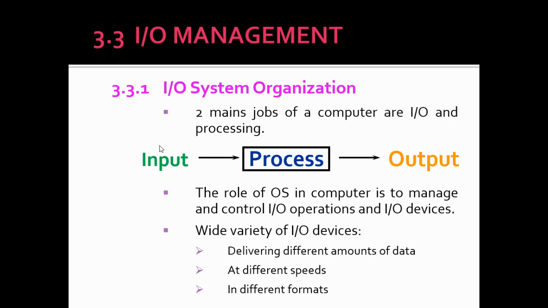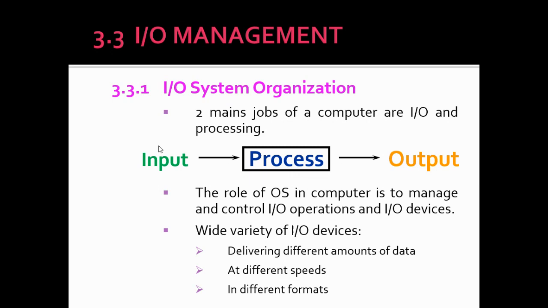Okay, so next, the role of the operating system in this CPU is to manage and control the input output. It will manage which input is needed first or which input should be done first, and where this input is coming from. That's the input devices. So how does the operating system manage this?